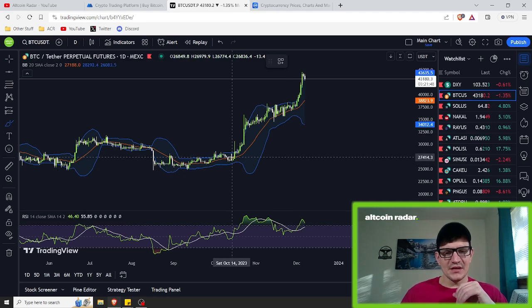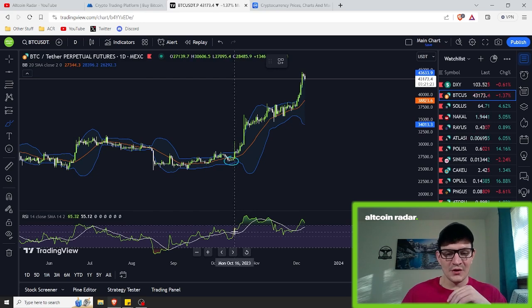All right, so as we can clearly see right in here, when we are using both the Bollinger Bands and the RSI, we can clearly see that the RSI is way below the signal line, okay? But we were in oversold territory at that given time, okay? And we were starting to trend upwards from that oversold territory and cross over into neutral territory right here, all right? And you can clearly see that on the RSI as well.